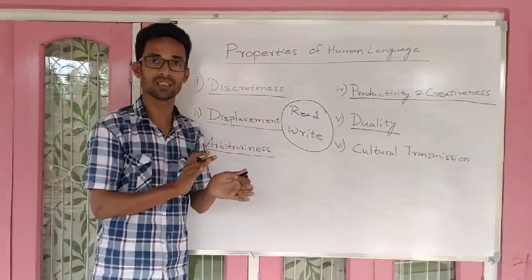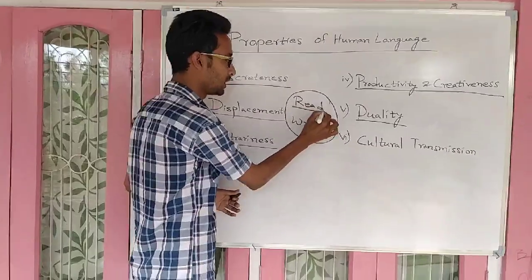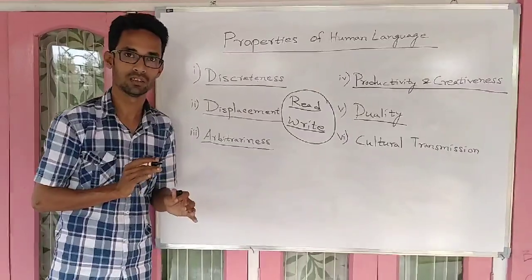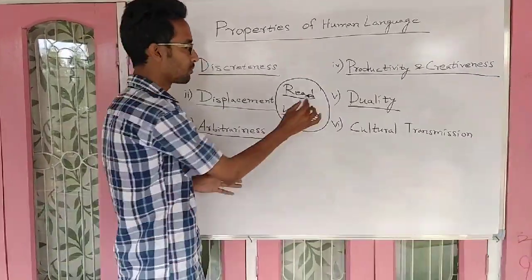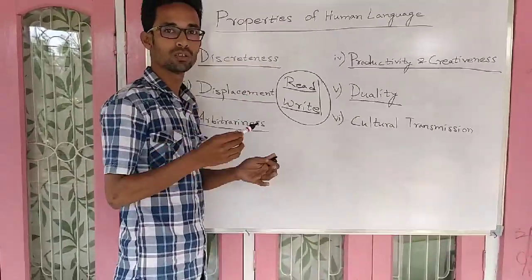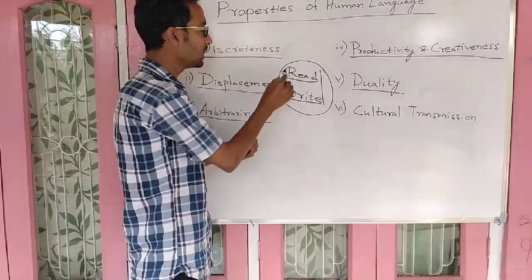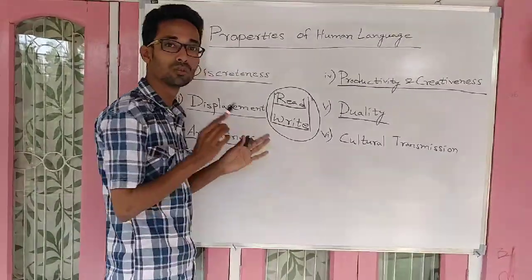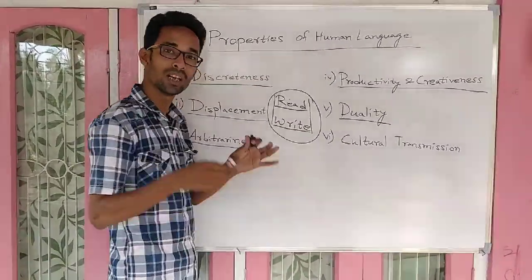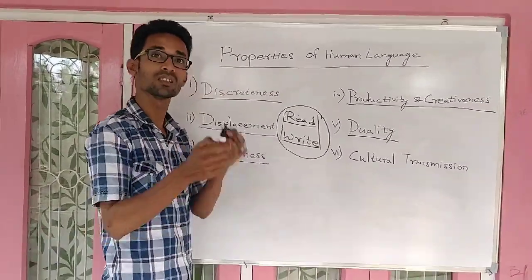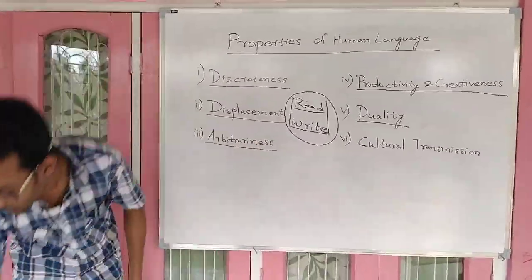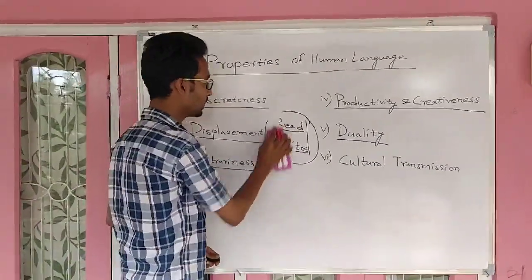And in certain cases, we can use only one, either to read or to write. That means because of the duality feature, there is an option in our hand whether we use both together or use any one of them to express ourselves, which is not present in animal languages. So this is the duality feature of human language.